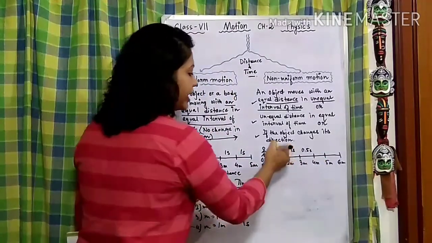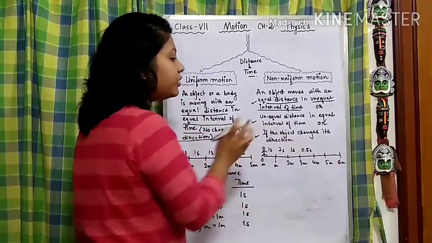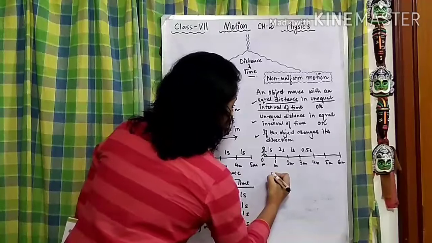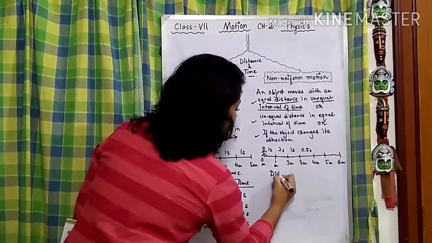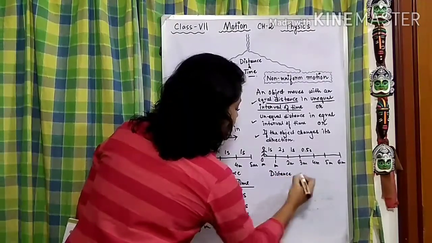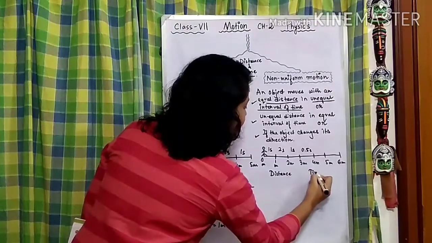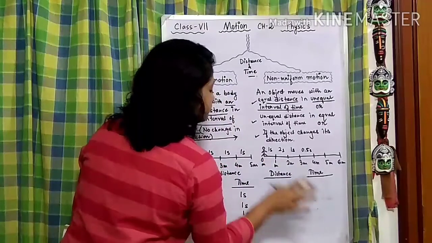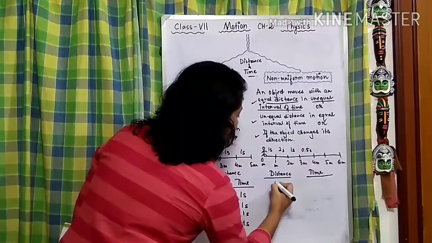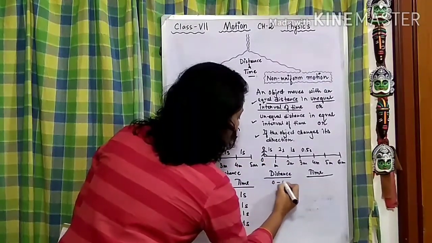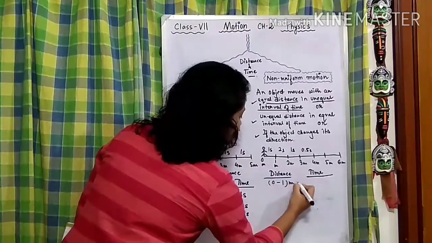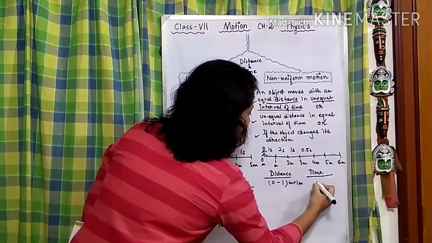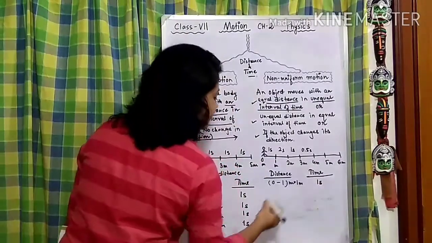So you can understand that there is no uniformity in the time. The distance and time lapse become different, no balance is there. From 0 to 1 meter, the time taken was 1 second.